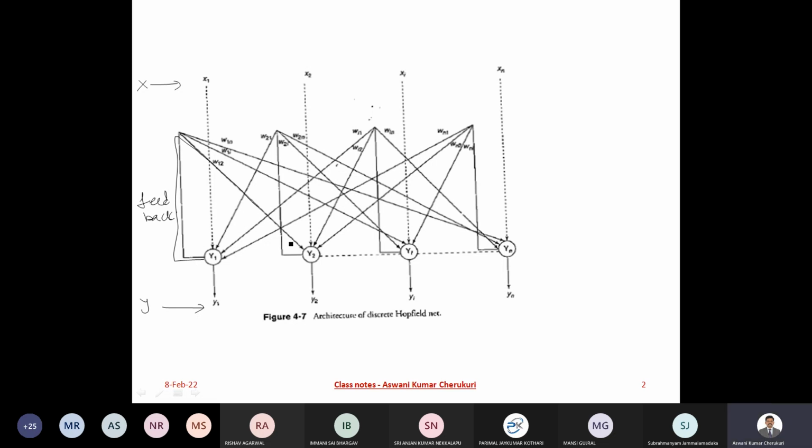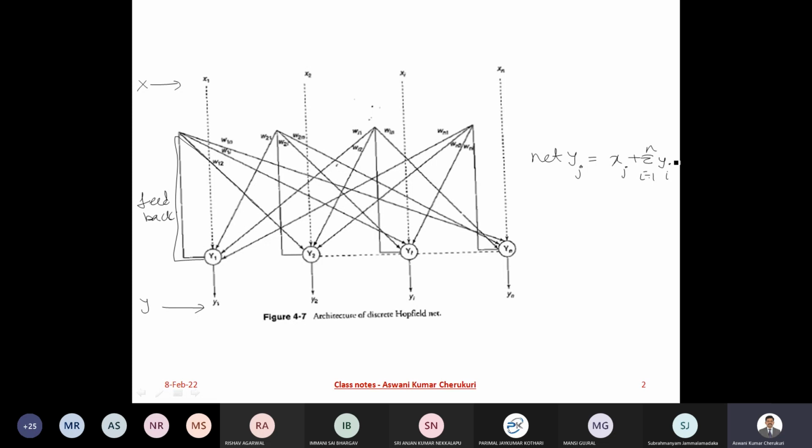So that means whenever you are looking at the network, for a particular iteration, you can say that the net input at a particular node, the jth node at the layer Y, can be set as the corresponding input plus sigma i equals 1 to n, you have n number of nodes.